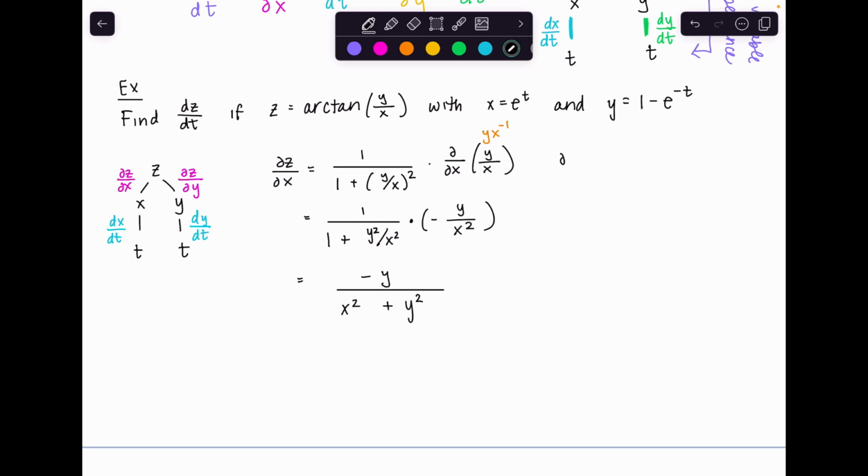Now I also need to find the partial with respect to y. So luckily it's the same starting piece. It's 1 over 1 plus this inside squared. The only difference is I'm now taking a derivative with respect to y of this. And thankfully this is a little bit nicer because the derivative of y is 1. So this ends up being just 1 over x.